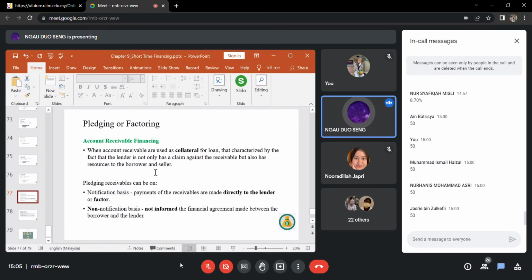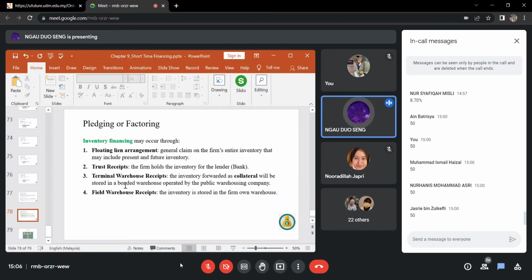Right? They do not pay to the company. The customer will pay directly to the lender. Or non-notification basis, not informing the customer, the financial agreement is made between the borrower and the lender. So this one does not inform.